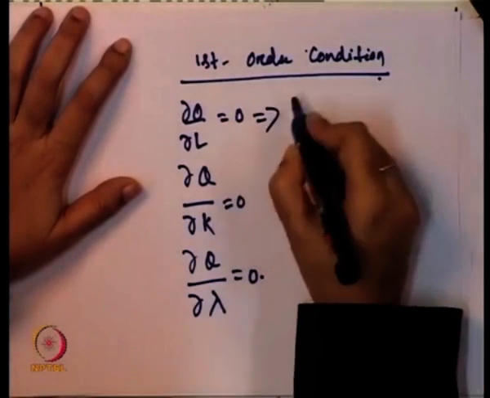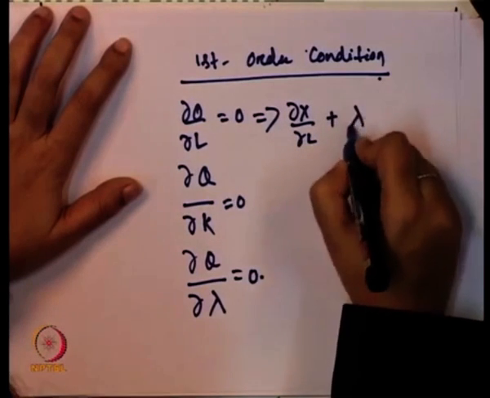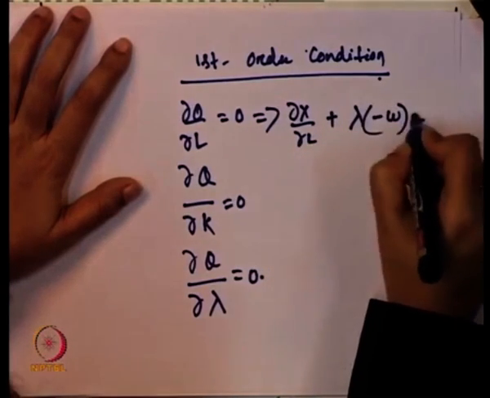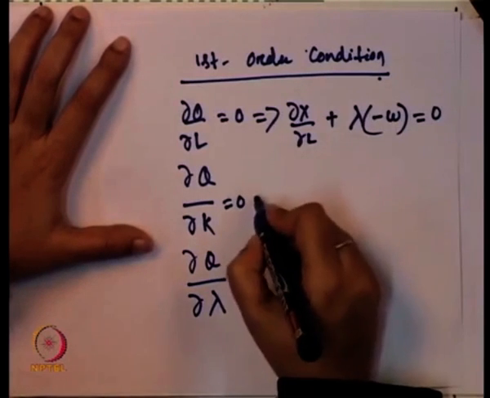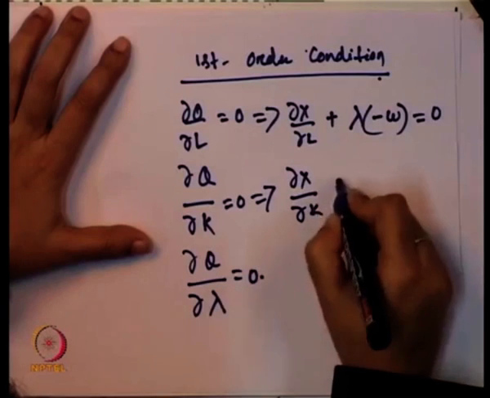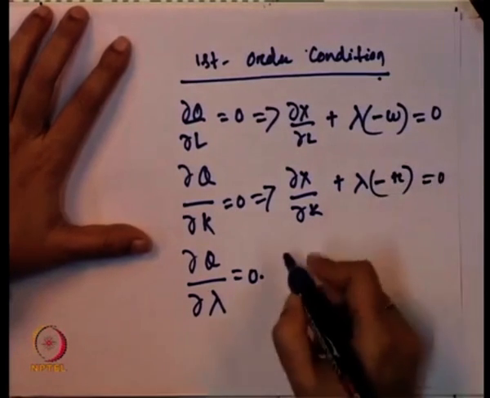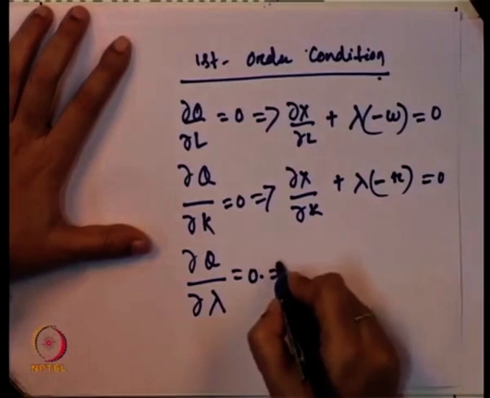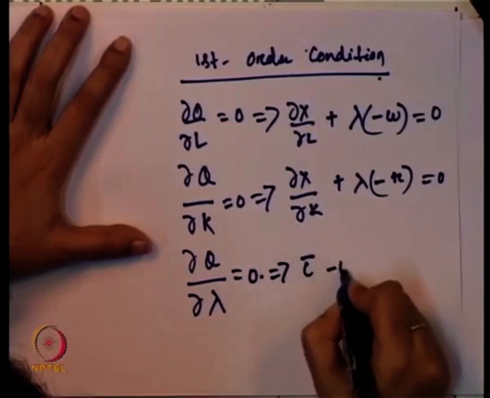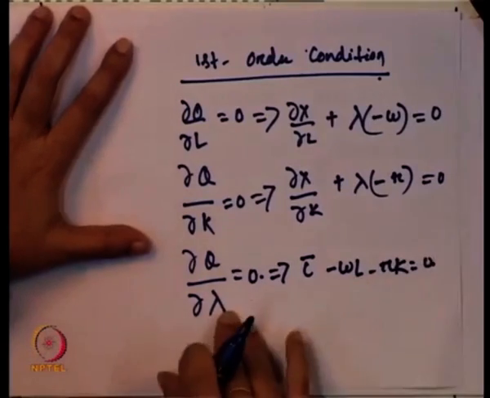So, this implies del x by del L minus lambda W equals 0. Then del x by del K minus lambda R equals 0, and C bar minus W L minus R K has to be equal to 0.